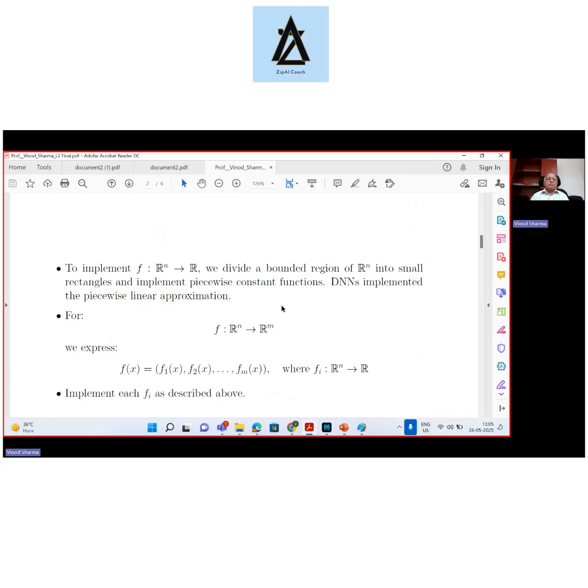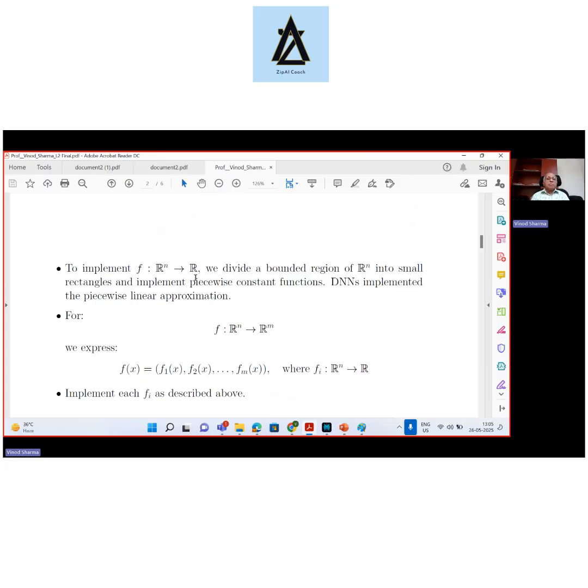What we do is, just like for the function from R to R where we divided the x interval into intervals of length delta, in R^n we divide the bounded region over which we want to approximate the function into small rectangles of dimension n and represent f by an f hat, which is a piecewise constant function from R^n to R. And then each one of those approximated piecewise constant functions can be implemented by a DNN as we have explained above for R to R.